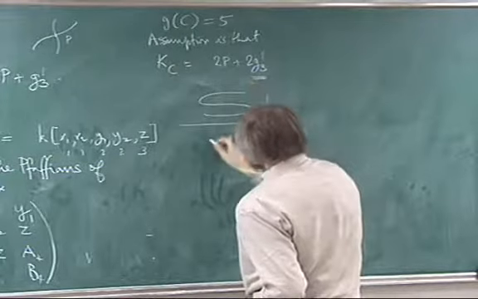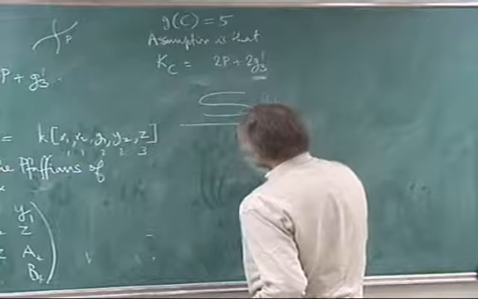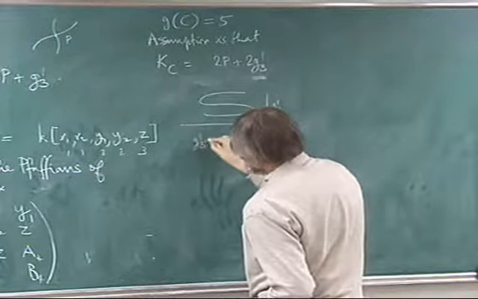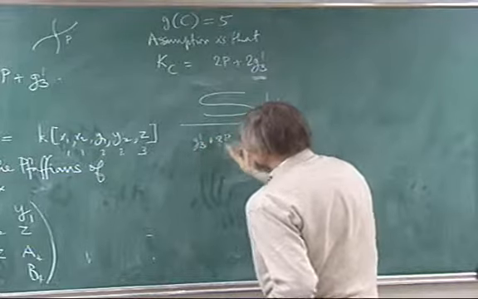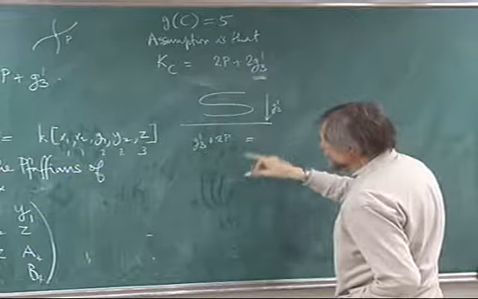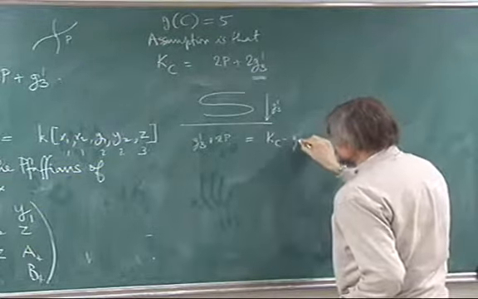However, there is something else I can do, which is to take, so this is the G13. So if I take G13 plus 2p, right? So this is the same as Kc minus the G13.